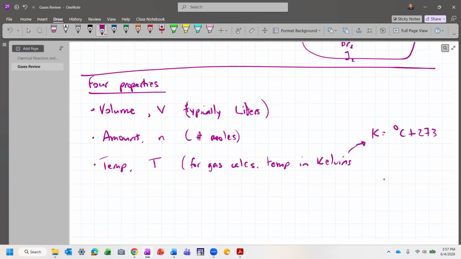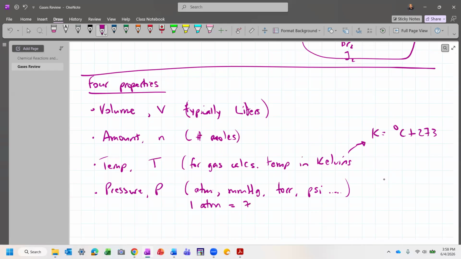And then the next one is pressure, which we just talked about. Pressure is abbreviated P, and this can have various units as well. We'll see atmospheres, atm, millimeters of mercury, mmHg, torr, and pounds per square inch or PSI, etc. So there are many different units of pressure that you're going to encounter. As a quick reminder, 1 atmosphere, which is what you experience at sea level, is exactly equal to 760 millimeters of mercury, which is exactly equal to 760 torr, T-O-R-R.